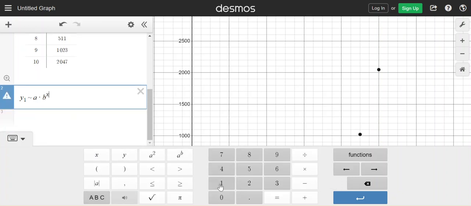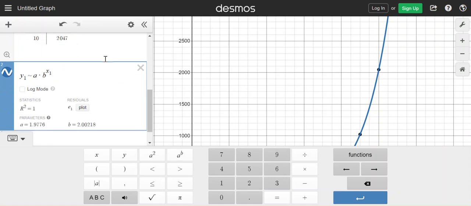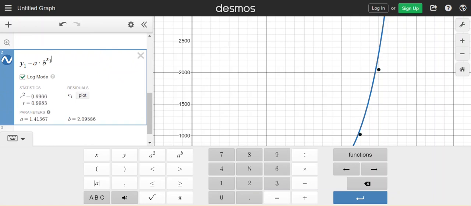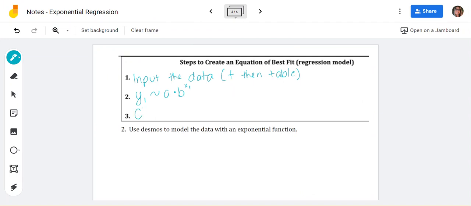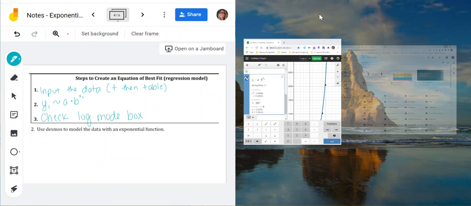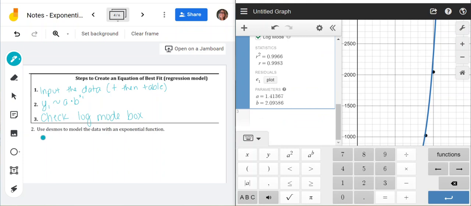Now, something special that we have to click, we need to check this box that says log mode, okay? So then we can use that to write our equation with the a and b values that are here.